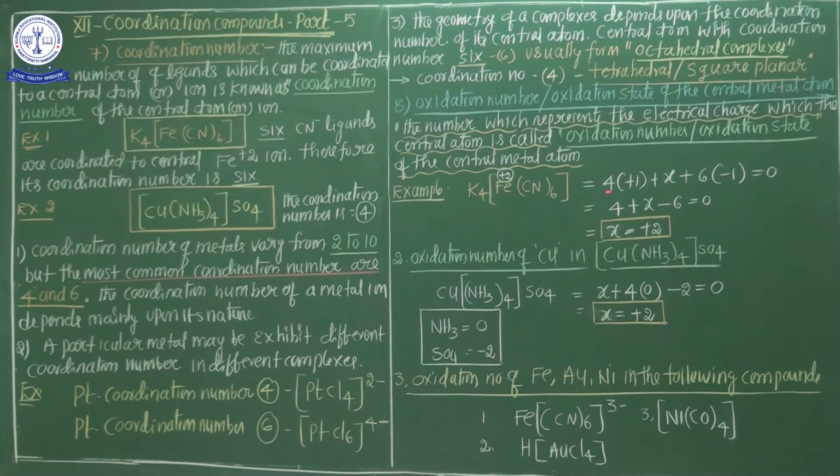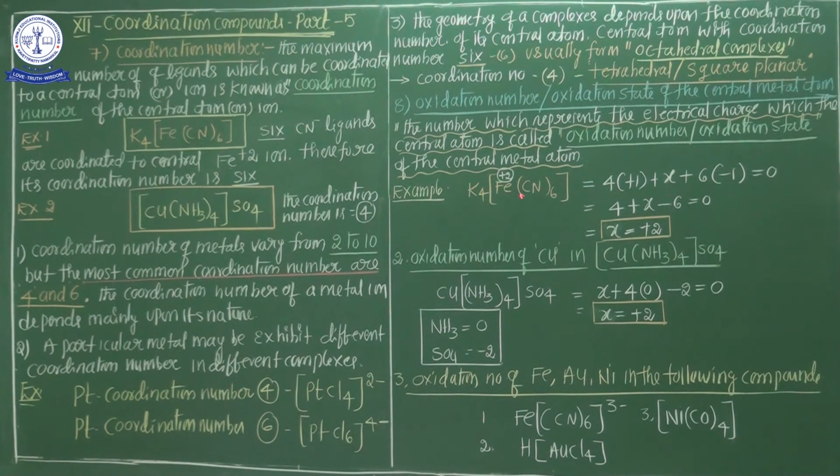So potassium 4 into +1 plus, our target, the iron oxidation state, that value is X, plus cyanide, CN. Cyanide oxidation state is -1. Most important. How many cyanides are there here? 6 cyanides are there. So 6 into -1 is equal to 0.